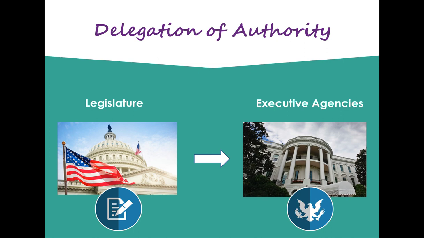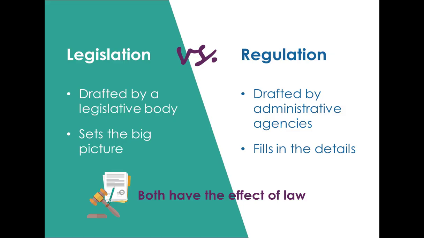So note that administrative agencies don't have any inherent power to make laws. This means that an agency, including a health department, can make regulations only when a legislative body has given the agency that authority. As Matthew will explain shortly, this delegation of authority is typically spelled out in a piece of enabling legislation or in a foundational document, such as a constitution or a municipal charter.